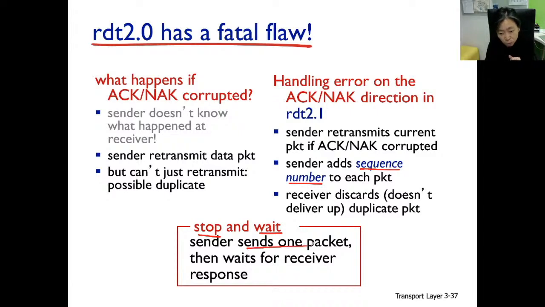So you see, if the receiver, during the stop and wait state, receives two packets carrying the same sequence number, then that must be a duplicate due to a corrupted ACK, isn't it? Yeah, so the sequence number in such a form of reliable data transfer is very simple. It needs only one bit, two numbers, 0 and 1, to tell a duplicate apart from a new packet.